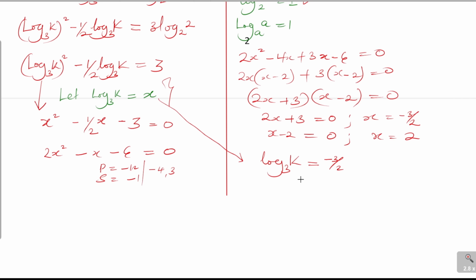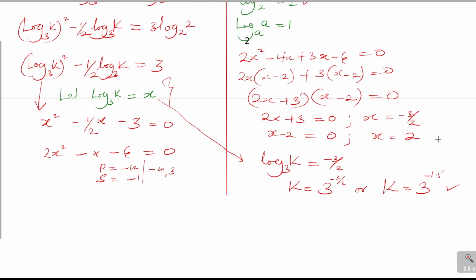So from here, remember this is in logarithmic notation. So if you write this one in index notation, you'll get k will be given by 3 to power negative 3 over 2, or k is equals to 3 to power negative 3 over 2, which is the same as 3 to power negative 1.5. That is the first value.